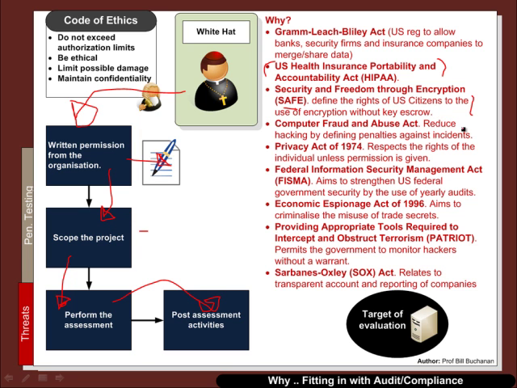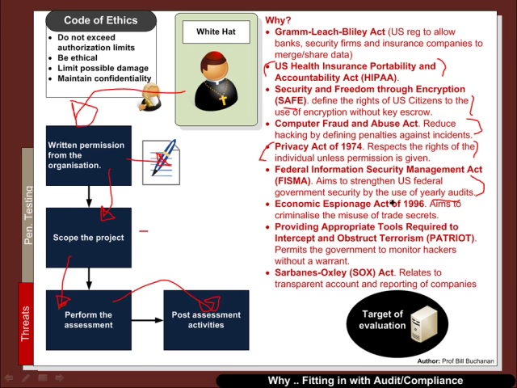There's the Computer Fraud and Abuse Act, which defines the penalties related to hacking incidents. We have the Privacy Act of 1974, which protects the rights of individuals unless they have given permission to do so, a little bit like the Data Protection Act in the UK. We have the Federal Information Security Management Act, which focuses on the yearly audits of companies, basically around the security of these.